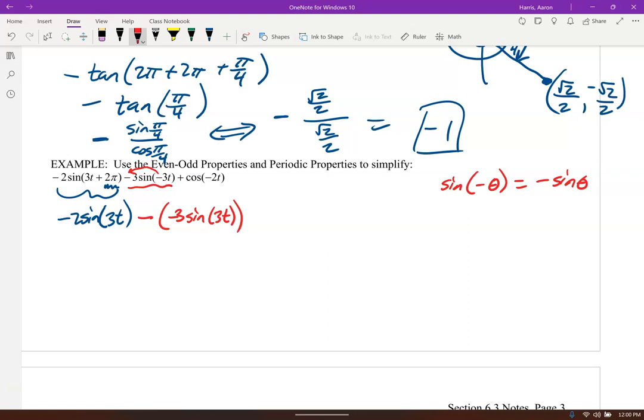The cosine's even. Cosine of negative theta is just cosine theta. So cosine of negative 2t is the same as just the cosine of 2t.